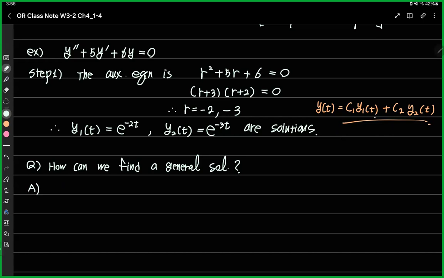So the general solution y of t is c1 times y1 of t plus c2 times y2 of t, where c1, c2 are real numbers.